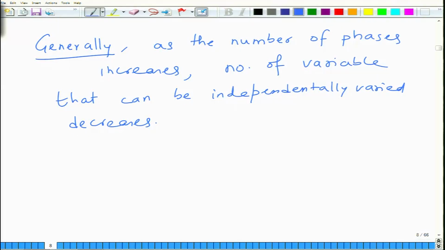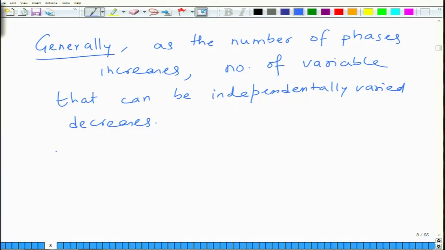So this is something that we generally observe from phase diagrams. In a single component system, when you have single phase regions, you can vary both temperature and pressure. But when you go to a binary system, there are certain regions where you can vary only one parameter, and the other parameter is fixed, and there are certain cases where there is no change in parameter whatsoever. For example, if you have a 3-phase coexistence, those points are invariant.